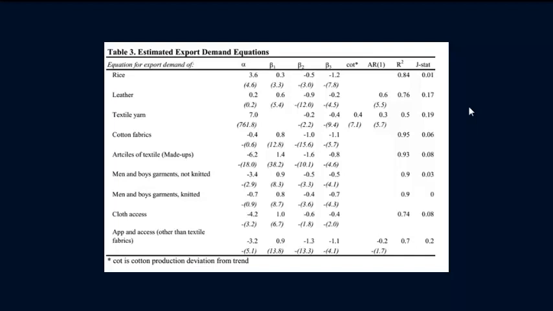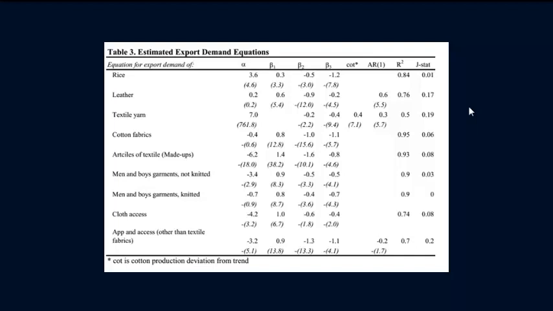So if the world grows, then they demand more textiles, in terms of our exports, and rice is 0.3, leather is 0.6, etc. Beta 2 is our pricing. So this can be used to measure the price elasticity, and I think everything is in log, so these numbers are directly the elasticities.